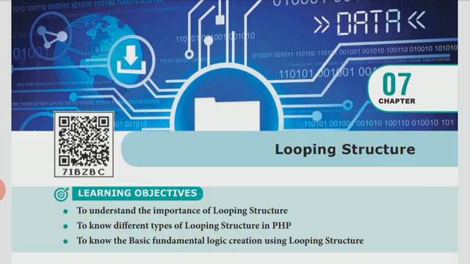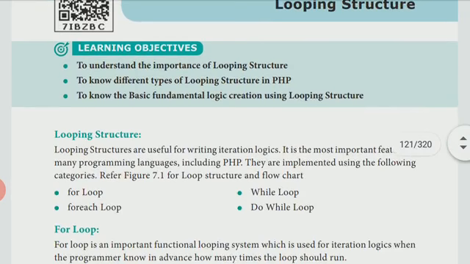In this chapter you are going to see the importance of loops and what are the types of loops in PHP, and the basic fundamental logic creations, how we can create them.